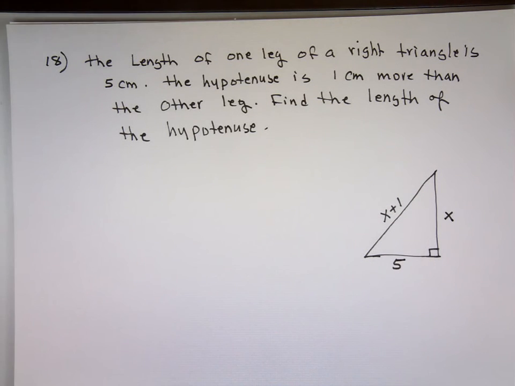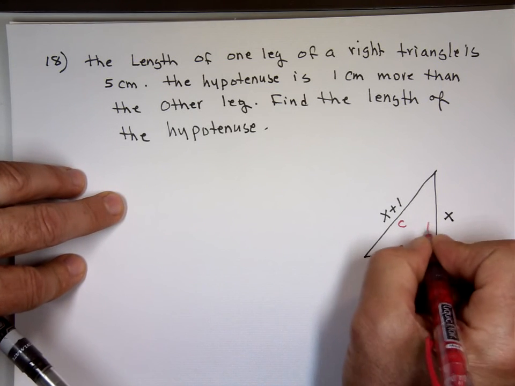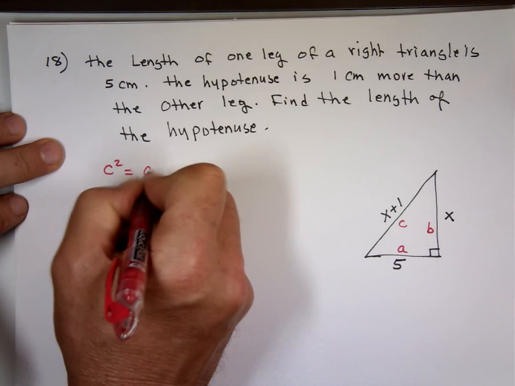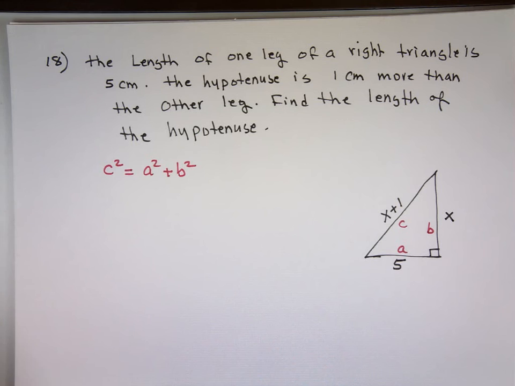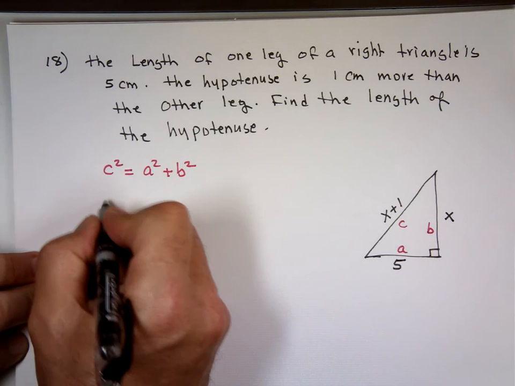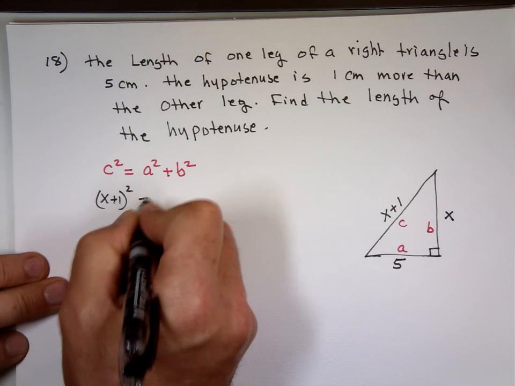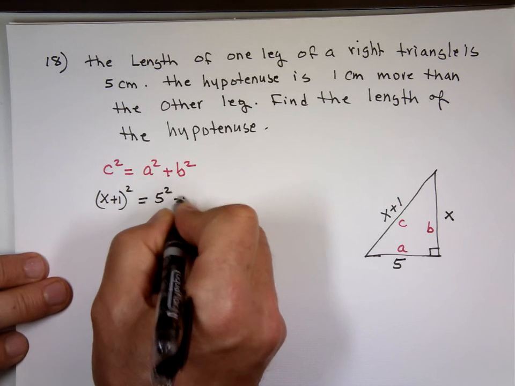And if you remember your Pythagoras theorem from high school, it says c squared equals a squared plus b squared. So x plus 1 squared equals 5 squared plus x squared. And now solve that equation.